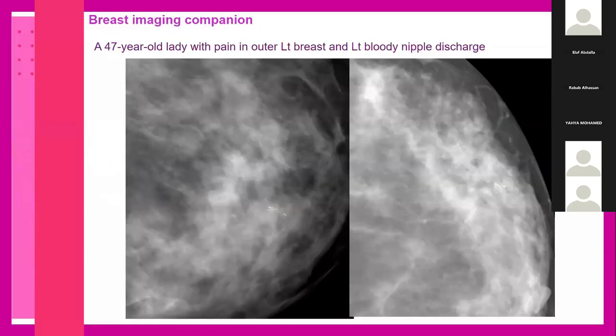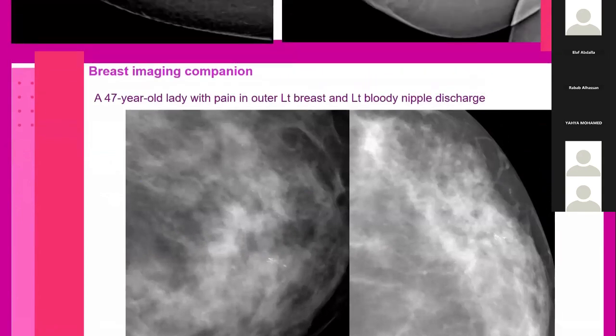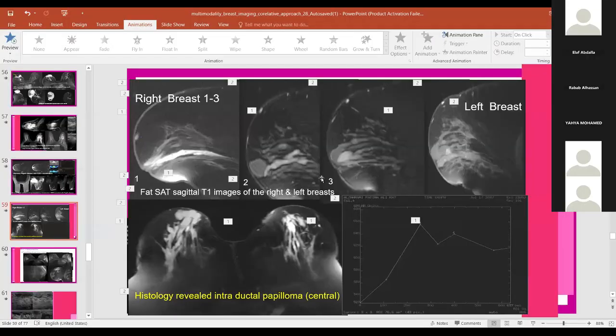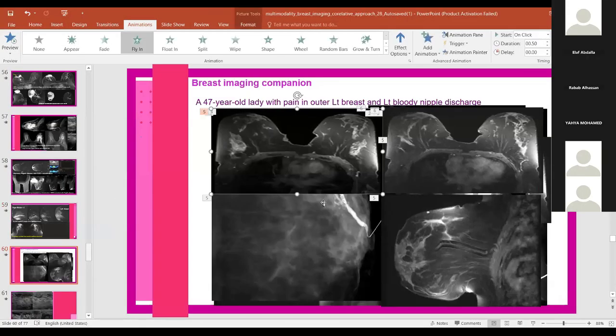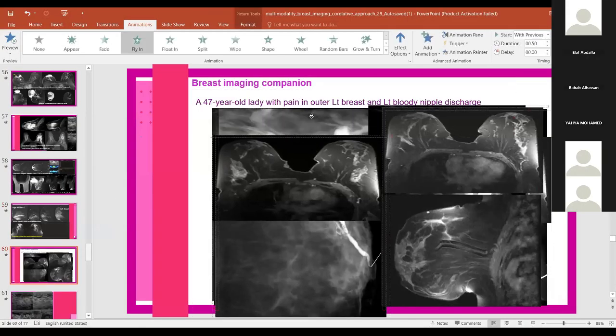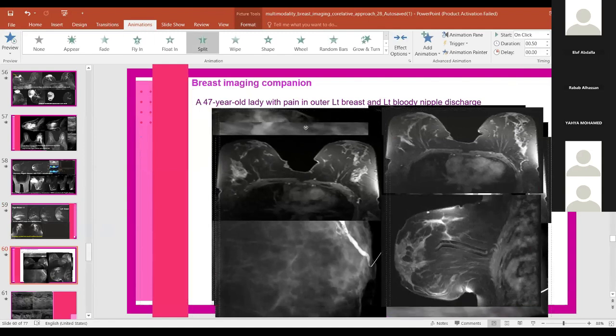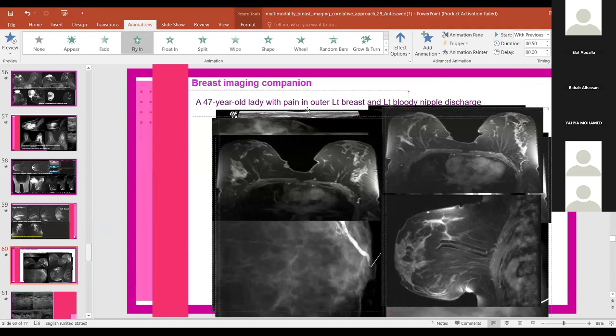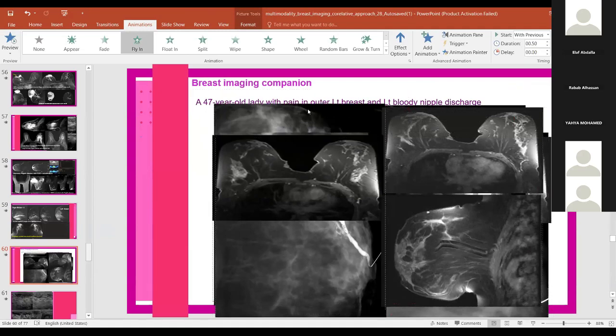Okay, this patient, I want to show you first the ultrasound, which was, yes. Okay, why?